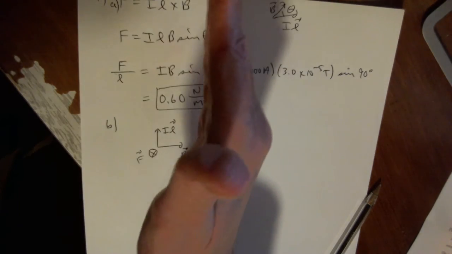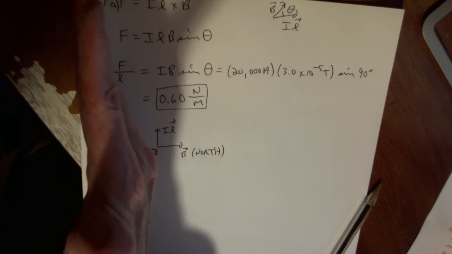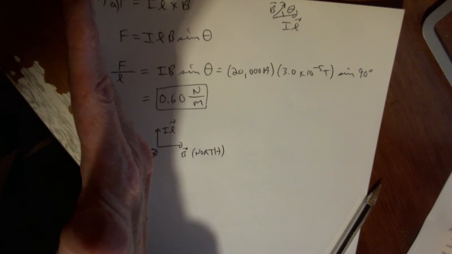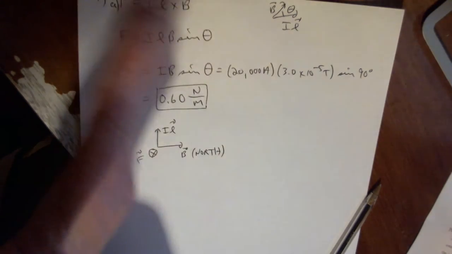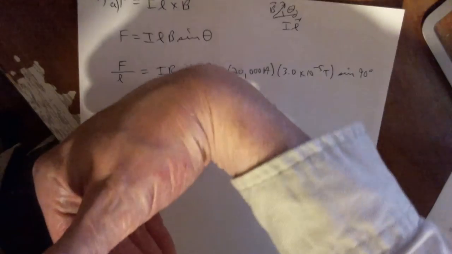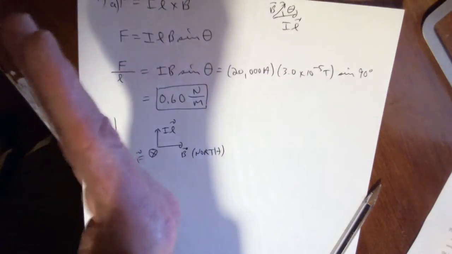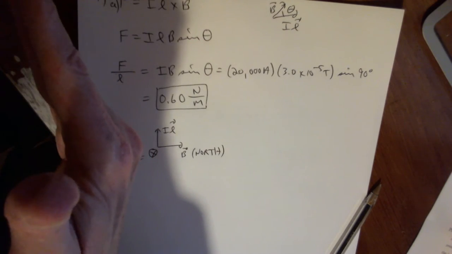If the force is up out of the page and I put my fingers along IL, then I can't slap B with my palm easily. I can slap it easily with the backs of my fingers, or I can go all the way around and twist my wrist, and it's not easy. So my thumb up out of the page is wrong.